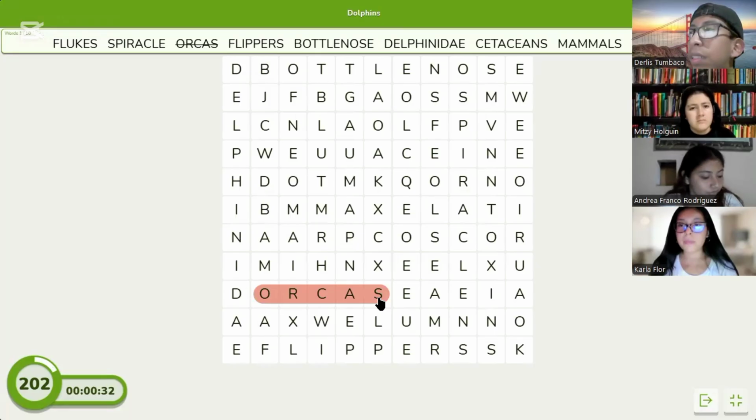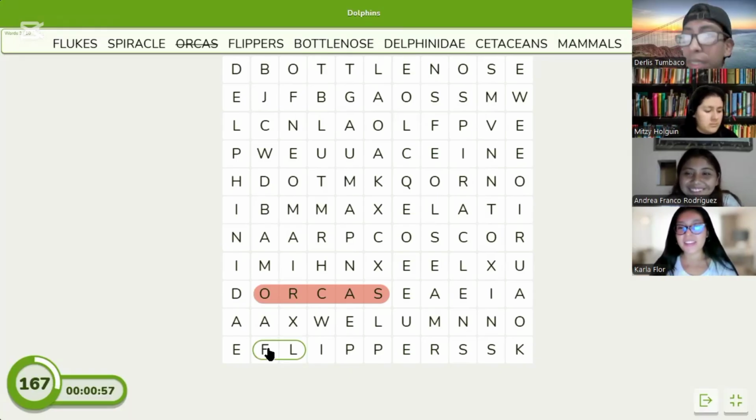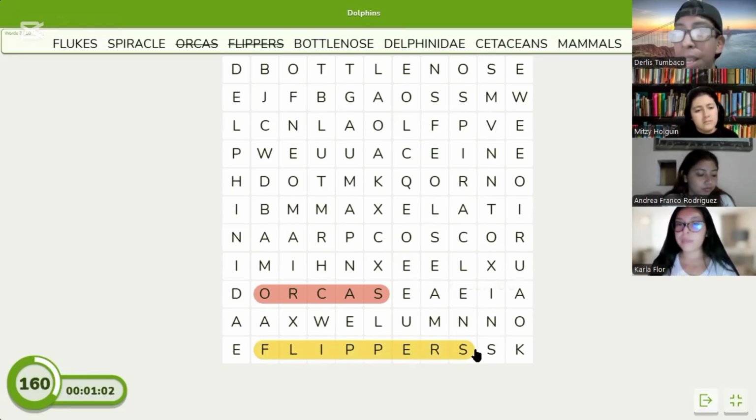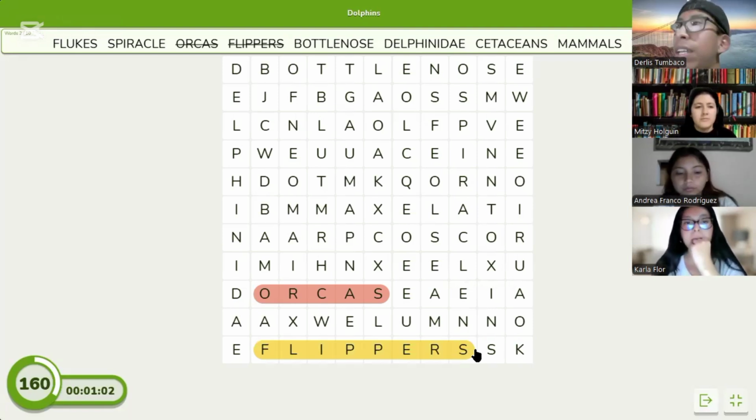Which one? Flippers. What is it? Flip. Okay. Another. Bottlenose in the first row.